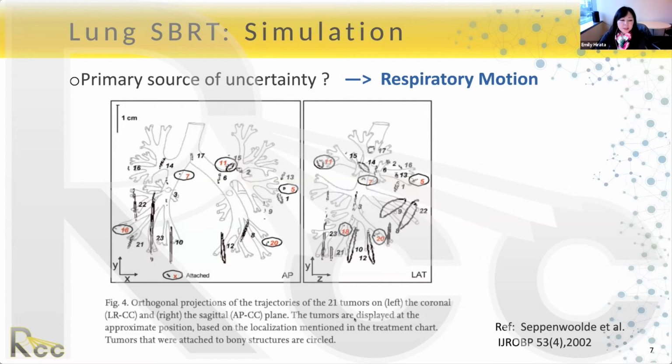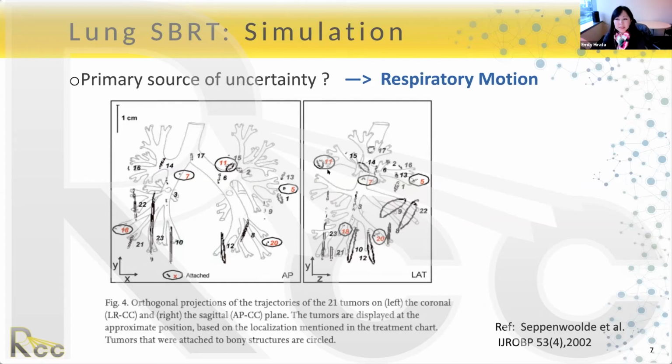These tumors are displayed at the approximate position based on the localization mentioned in the chart. Any tumors that were attached to bony structures are circled. So they really try to estimate how these tumors move based on where they are located in the lungs. The circled tumors are the ones attached to something, attached to bony anatomy. And you can see these don't move very much if they're attached to something.